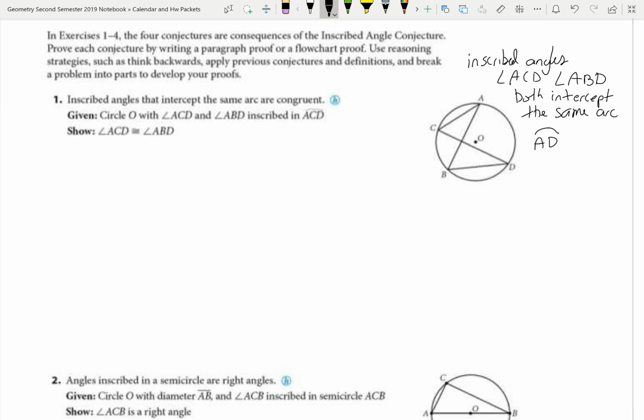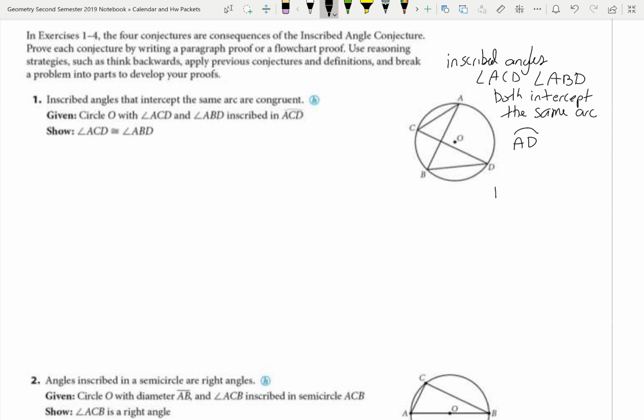And I also notice when I look at my conjectures list, that I have a conjecture that says the measure of an angle inscribed in a circle equals half the measure of the intercepted arc.